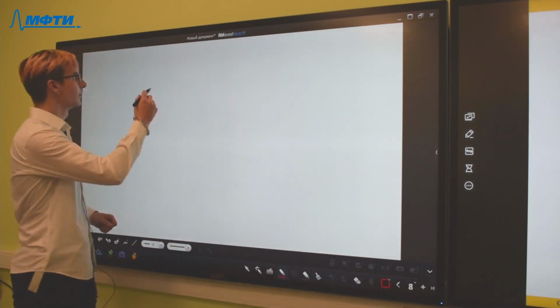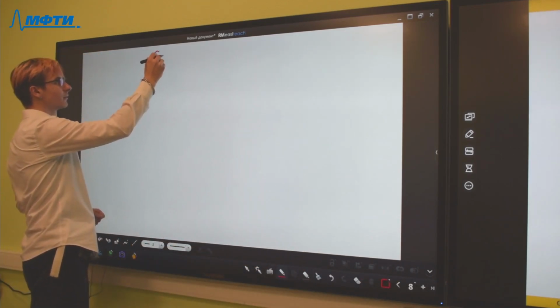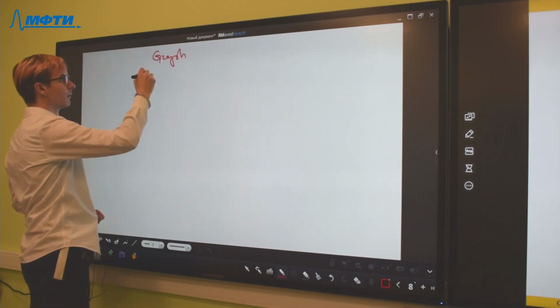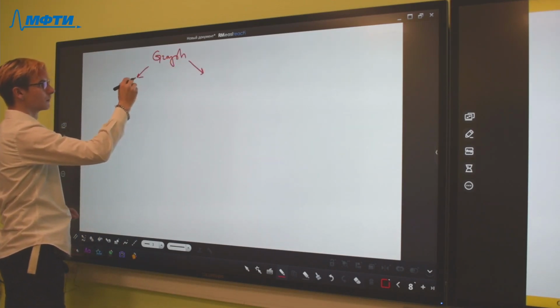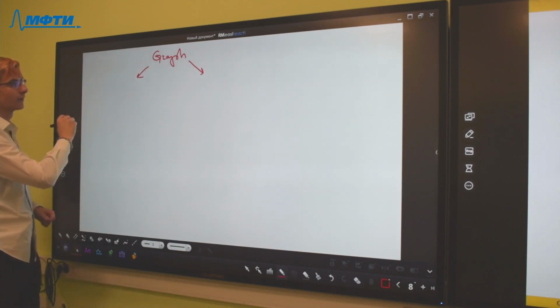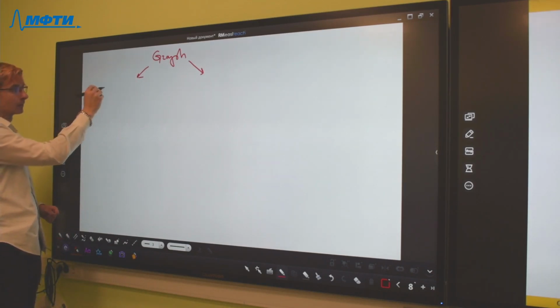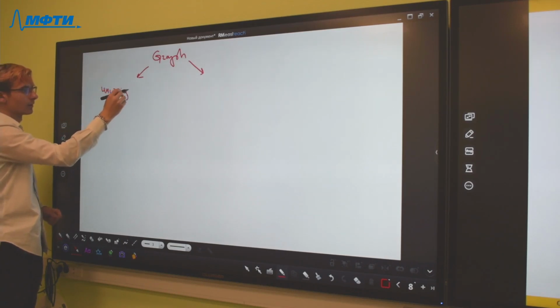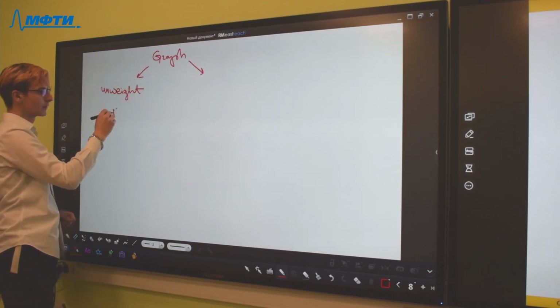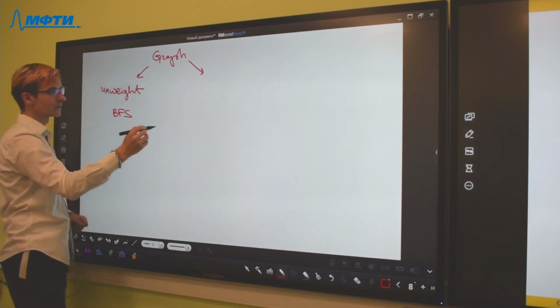So if we have a random graph, we ask if it is unweighted, and then we use BFS.